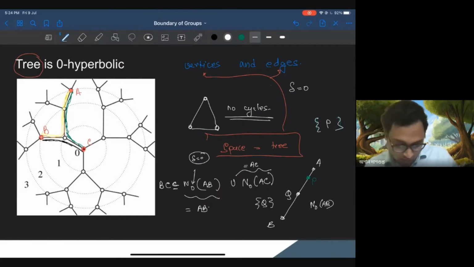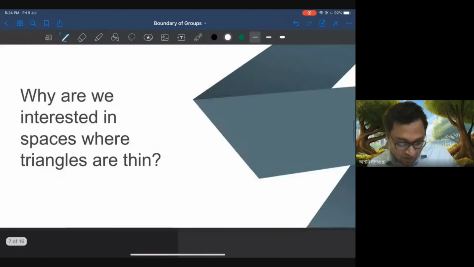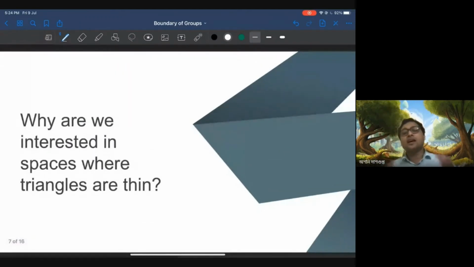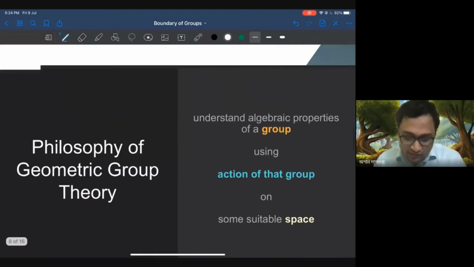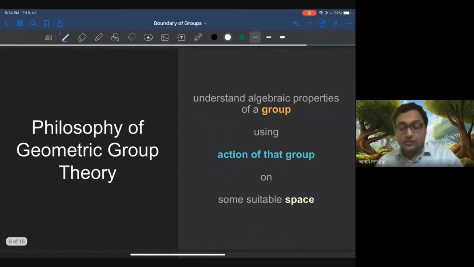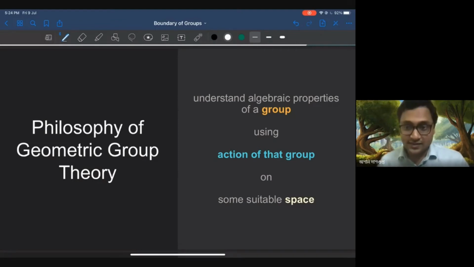Okay. All right. So now that we have this, the question as I posed is why are we interested in spaces where triangles are thin? What are we going to do with that? So this will basically bring us to the philosophy of geometric group theory. That's the subject that I work in.